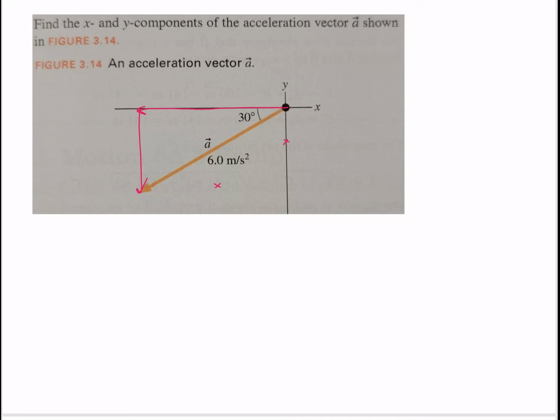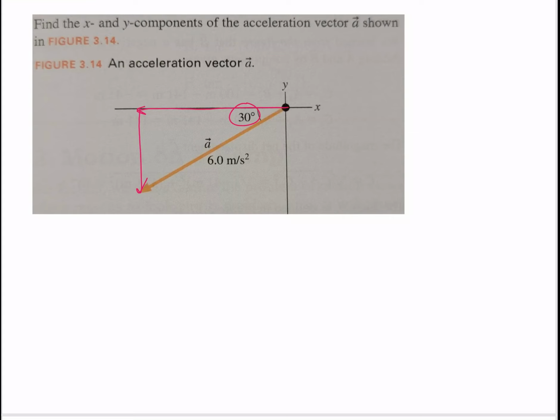Why did I choose to draw it like that? Because it's on the axis. The other way, we would have had the other vector on the axis. It would have still been tip to tail. I drew it this way because the angle was given right there, so I incorporated the angle into my components that way.